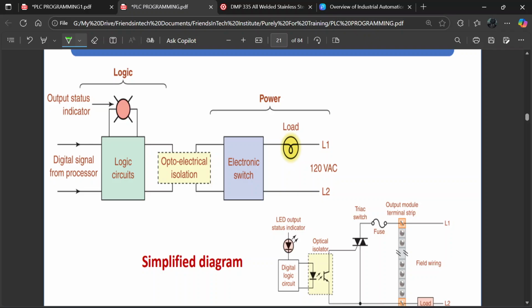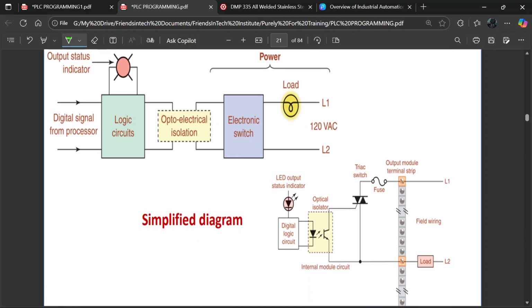Now, when selecting a digital output module, you have to take care of this electronic switch. Is it a triac? Is it a relay? Or is it a transistor output module? Now, this is the circuitry for the triac based digital output module. So we are using a triac. A triac is bidirectional, consisting of 2 thyristors or 2 silicon controlled rectifiers.